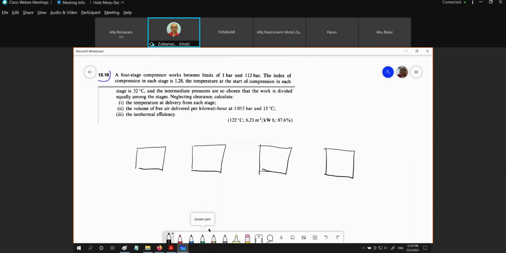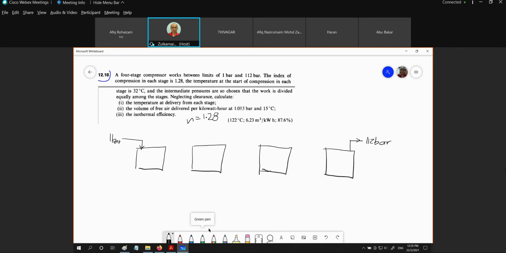So the inlet here is 1 bar, and what we want to exit here is 112. This is what we want, 4 stages. And the N value given right here is 1.28, the compression, the polytropic index.